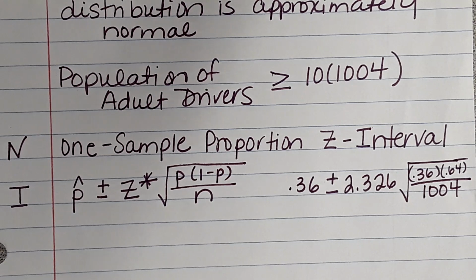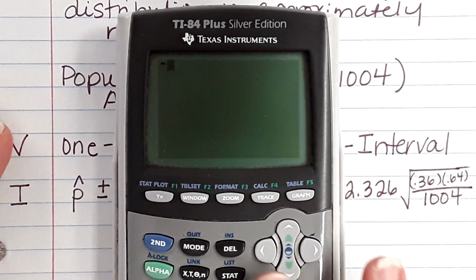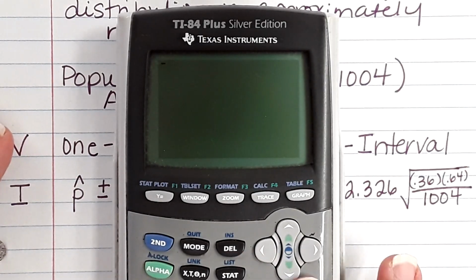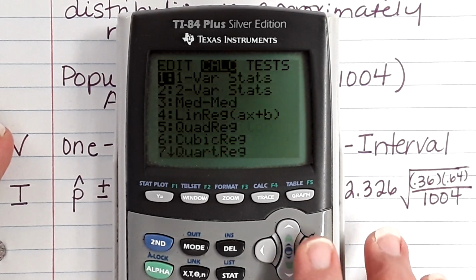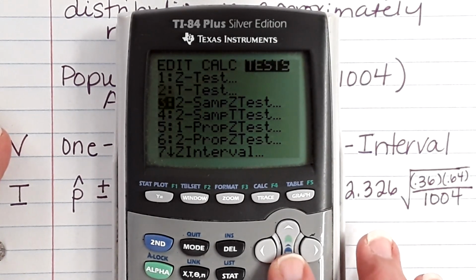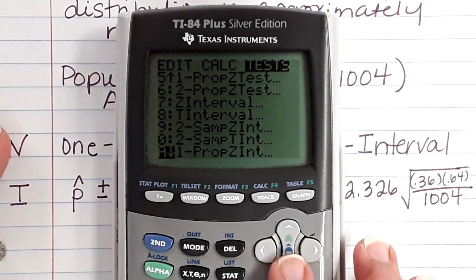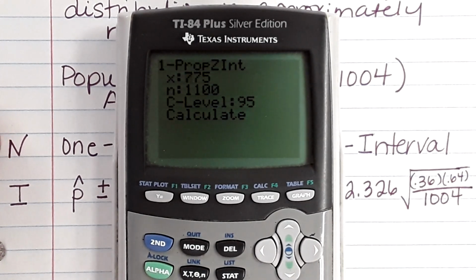Now we're going to use our calculator and do the Z interval. So let's go into our calculator. We're going to hit stat, over to test, and find the one prop Z interval. Now, here's the problem. You actually have to know how many people said yes.